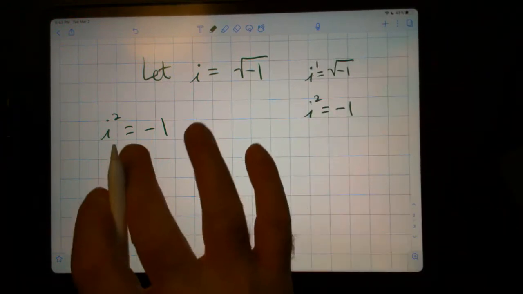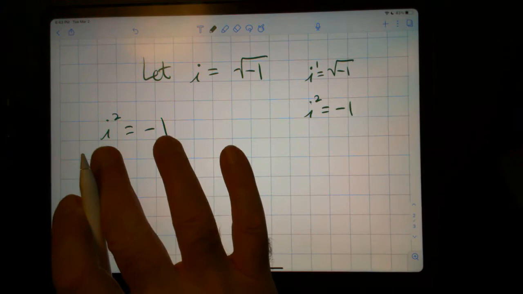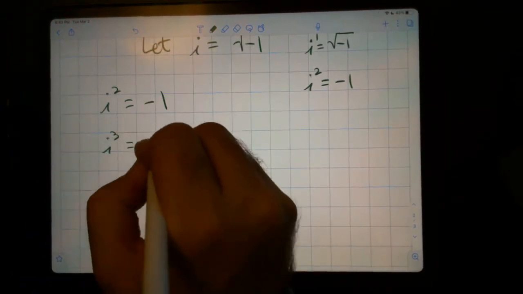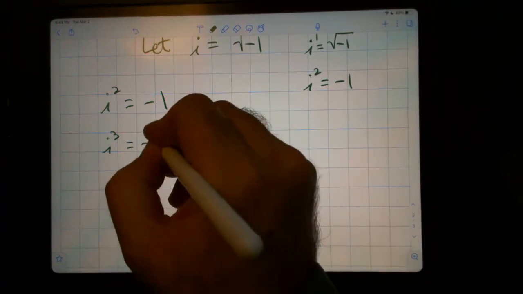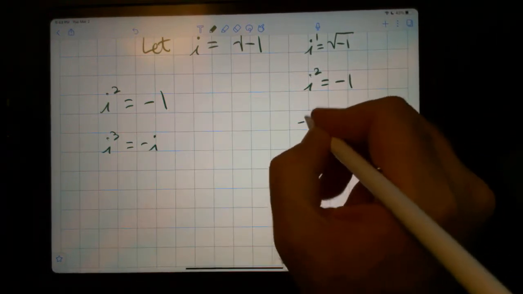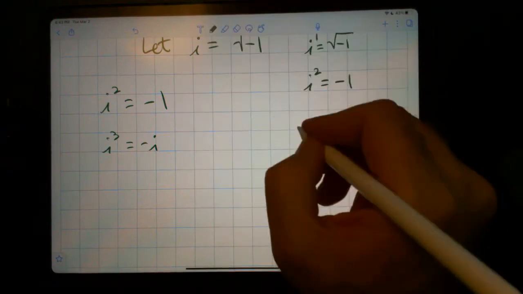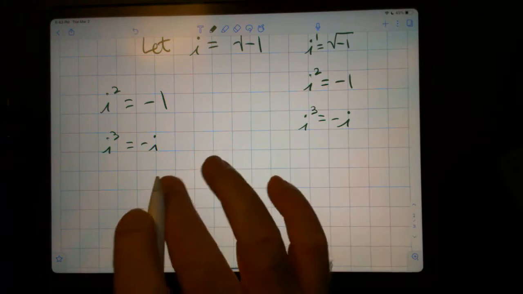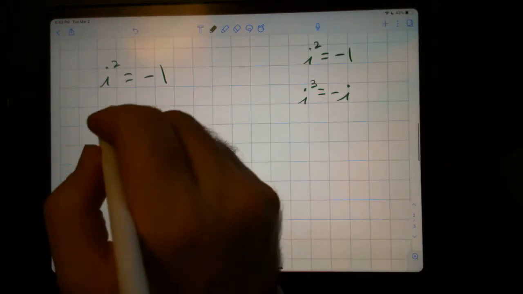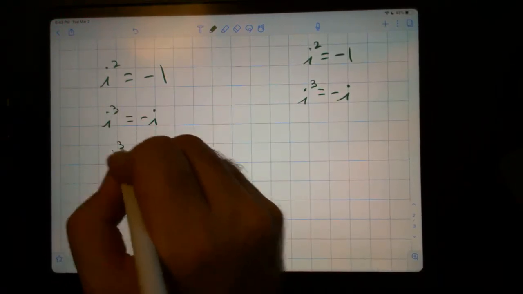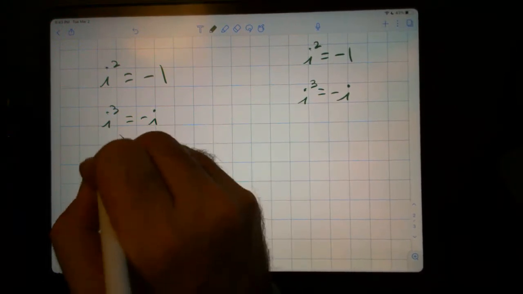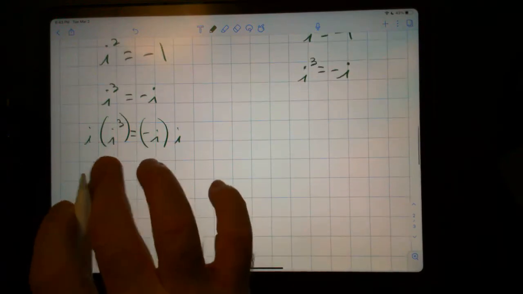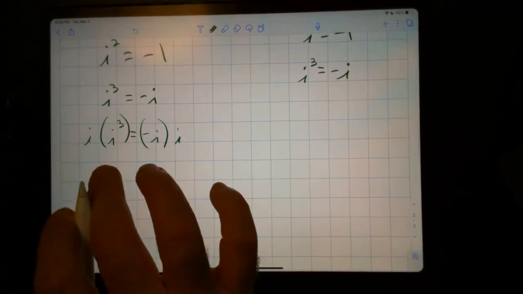And then if you multiply both sides by i again, you get i cubed equals -i. I'll put this over here as well. And then if you multiply both sides by i again, when you multiply same bases, you add their exponents.